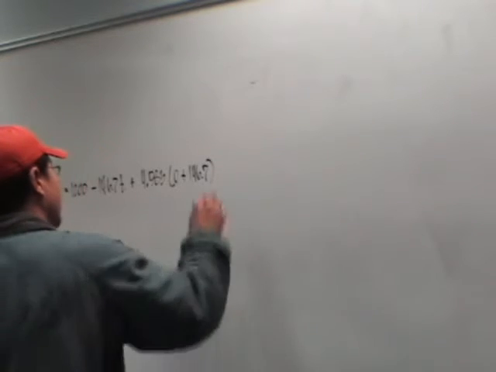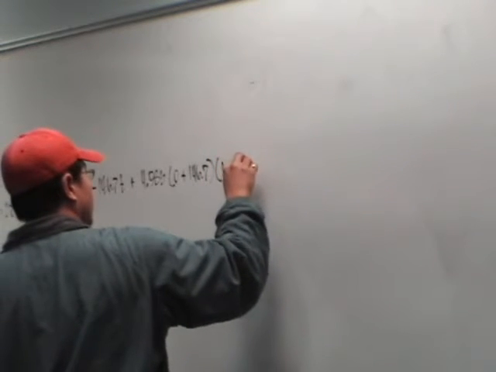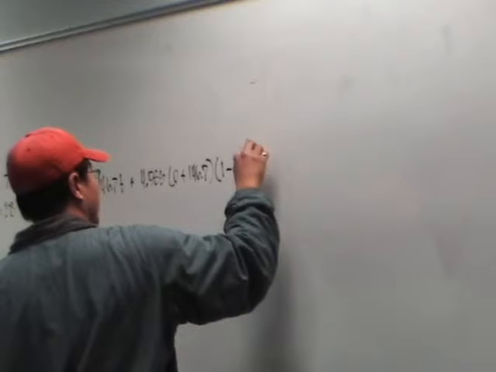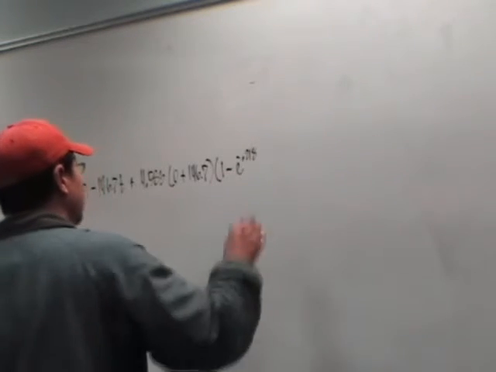Okay, and then 1 minus e to the negative 0.218 t.